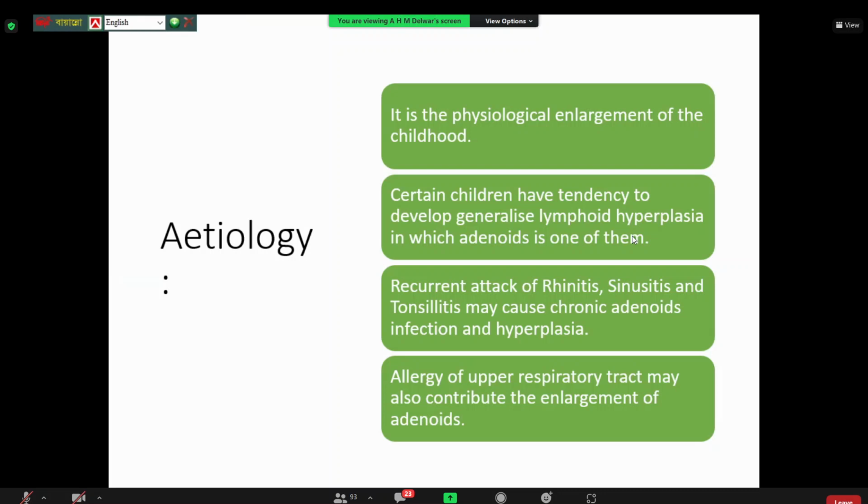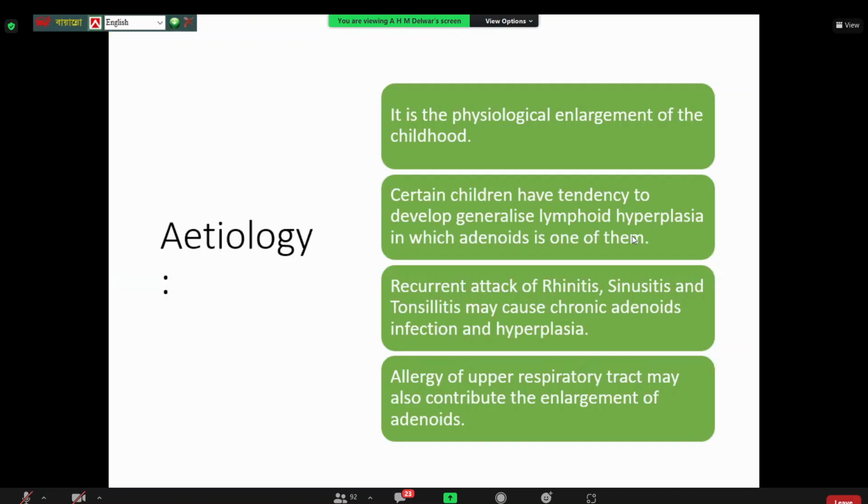Some children and parents have frequent attacks of colds, and this tendency goes genetically to the children. Also, in my country, Bangladesh, there are so many seasons.